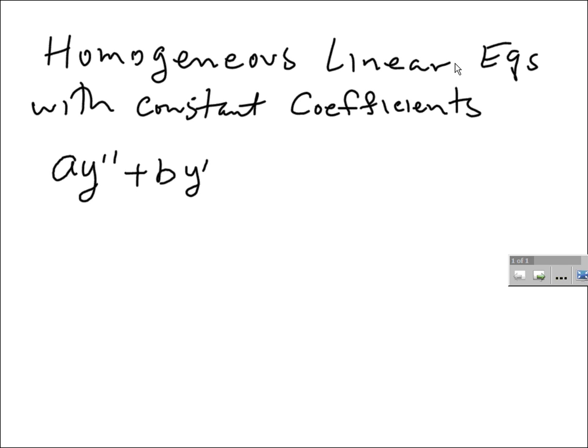That constant could be 0. Plus a constant times y. Of course, I meant a constant times y prime, plus c times y. I'm making it homogeneous. That's the second order equation of the type that we're going to be working on.